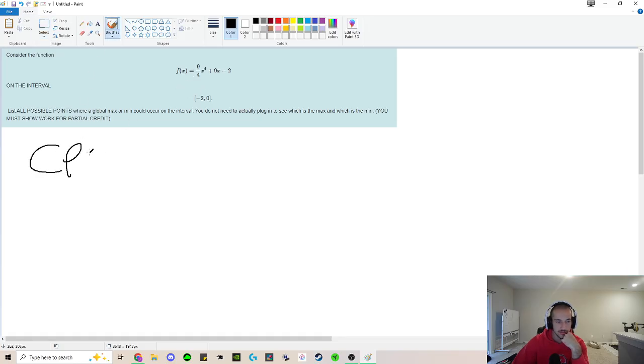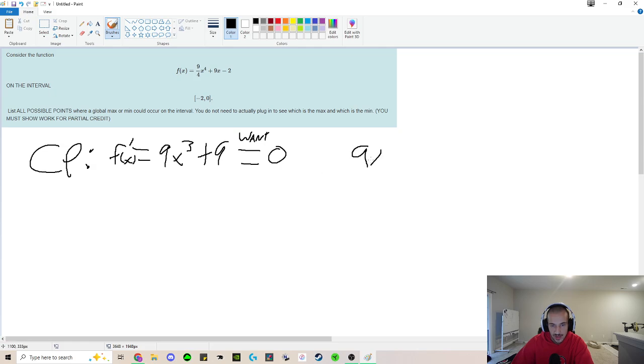Critical points. F prime of x is going to be what? Well, 9/4 x to the 4th, you multiply down the 4, so this is just going to be 9x cubed. Derivative of 9x is just 9. Derivative of 2 is 0. And we want this equal to 0, which means that 9x cubed we want to equal -9.